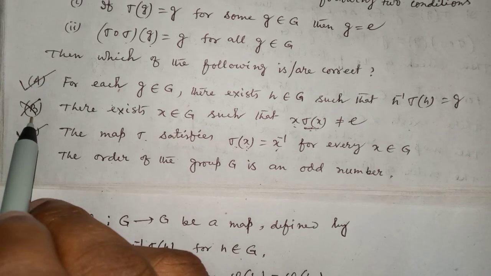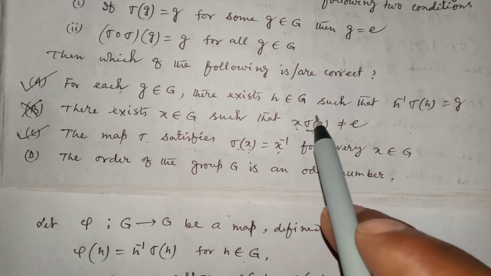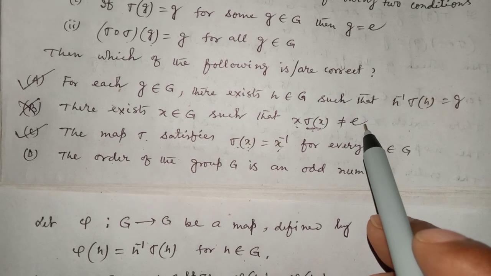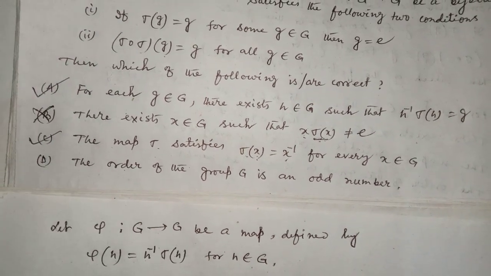But in option B it is said that sigma x is not equal to identity, so option B is false.